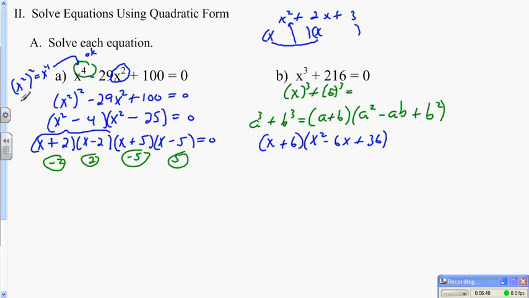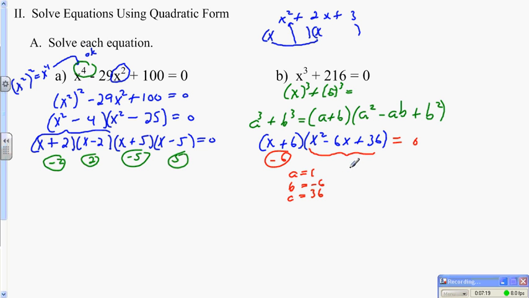Now, from this, we know that negative 6 is an answer. But now we're going to be asked to find the solution for that quadratic. That's not factorable, so we have to use the quadratic formula where a is 1, b is negative 6, and c is 36.